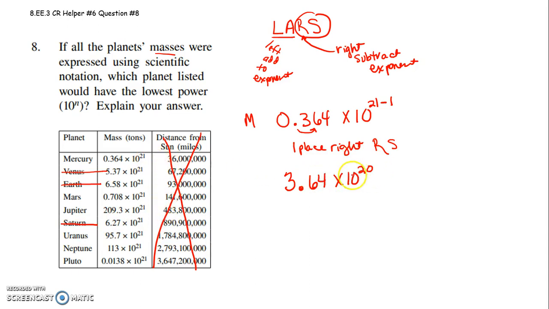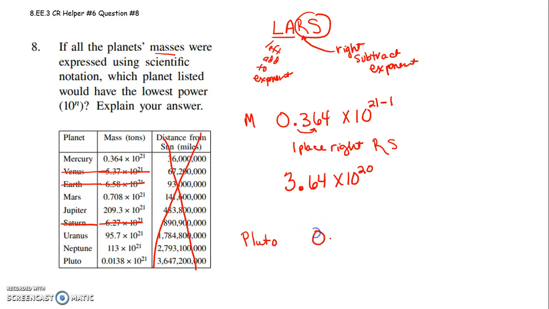So first of all, Mercury has an exponent of just 20 in scientific notation. So that's lower than these in scientific notation that have an exponent of 21. So I'm going to eliminate those. But now I would really have to take each of these and rewrite them in scientific notation. Now I'm going to tell you Pluto, I really believe, has the smallest mass, I think.